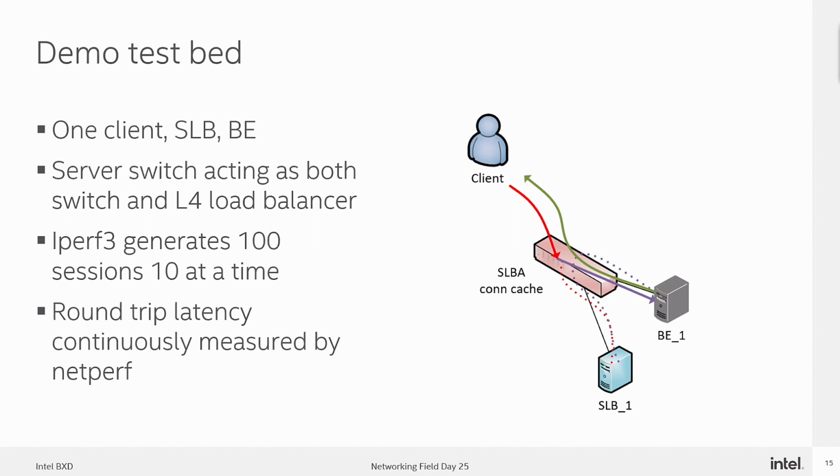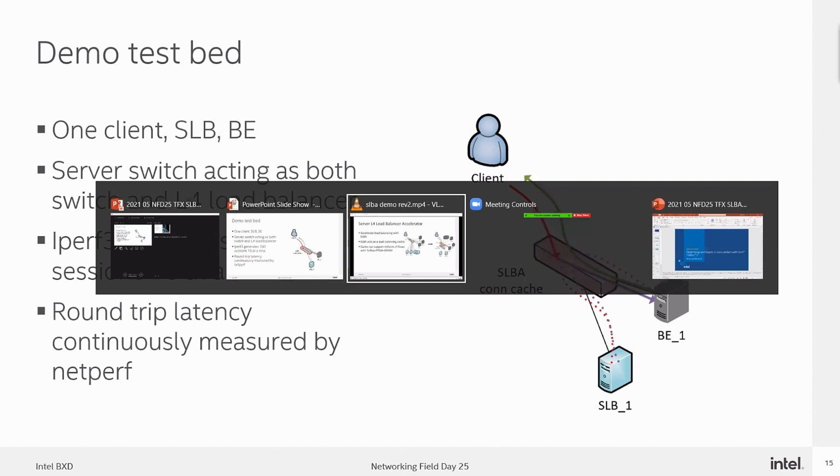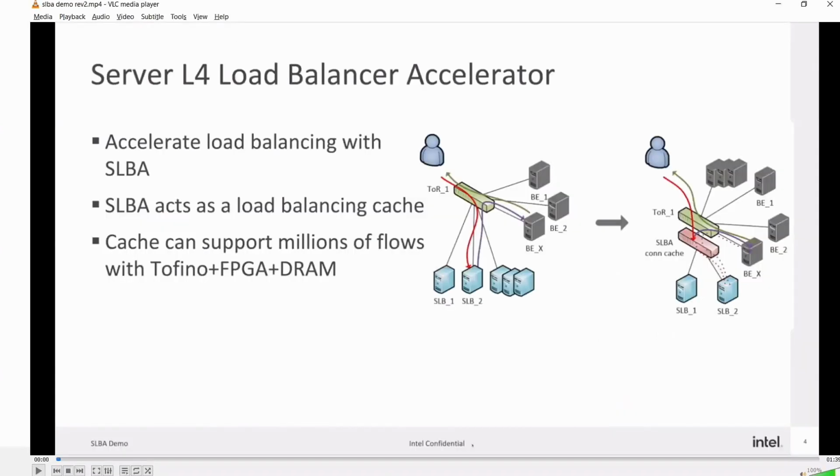We are using iPerf to generate 100 sessions from the client, and we are doing that 10 sessions at a time. In parallel, we're monitoring round-trip latency by NetPerf. So let me try to show you how it works.